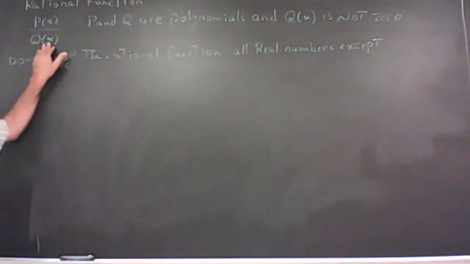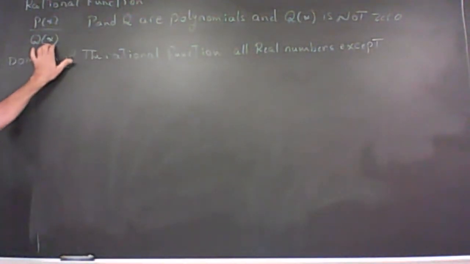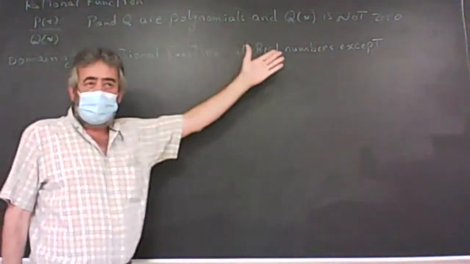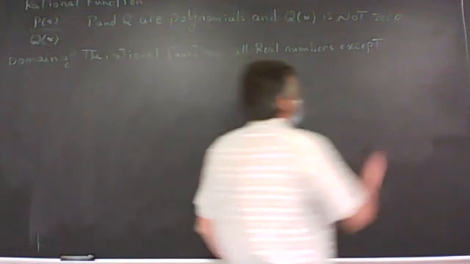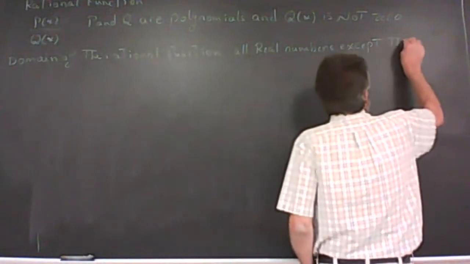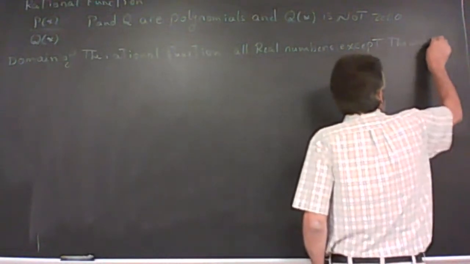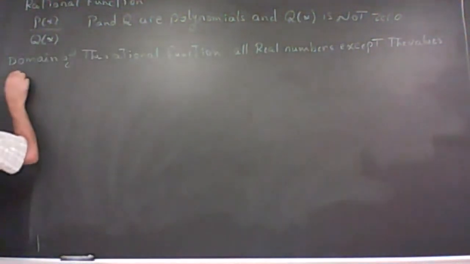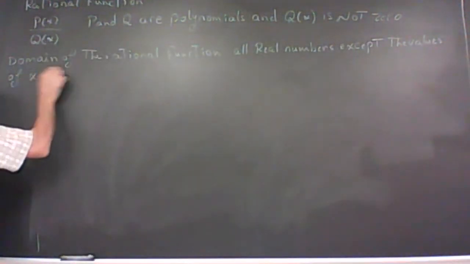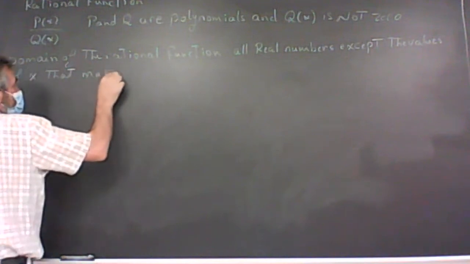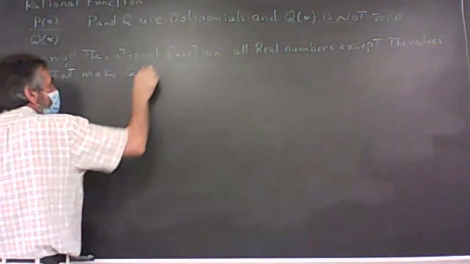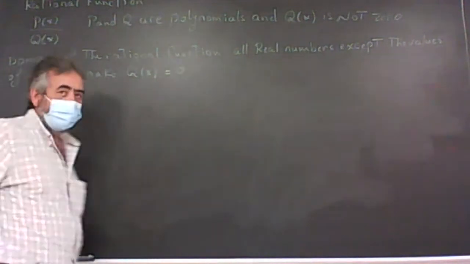We already decided that q of x is not simply what? 0. Okay? So therefore, except the values of x that make q of x equal 0.